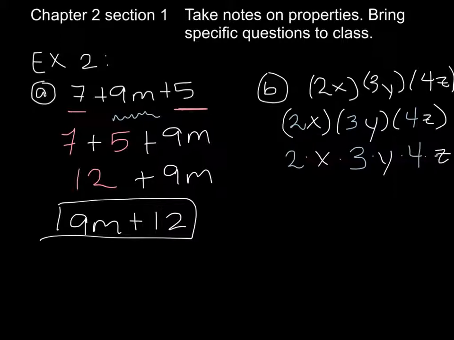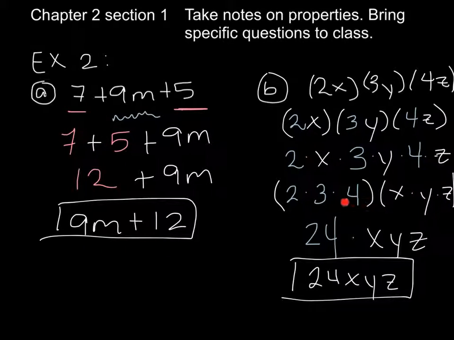Now I'm going to apply the commutative property again, and notice that I can rearrange multiplication into whatever order I'd like. So here you'll notice that I've rearranged it so each coefficient is together, 2 times 3 times 4, and each variable is together, x times y times z. Now, rather than putting a multiplication right inside here, I'm just grouping the coefficients together and the variables together.